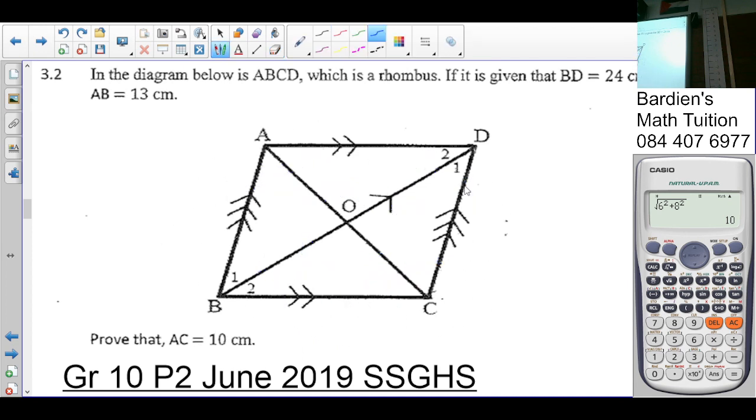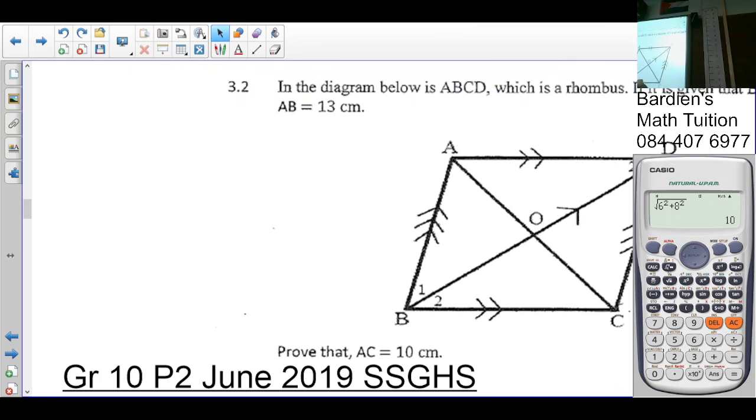So it is given that BD is 24 and AB is 30.